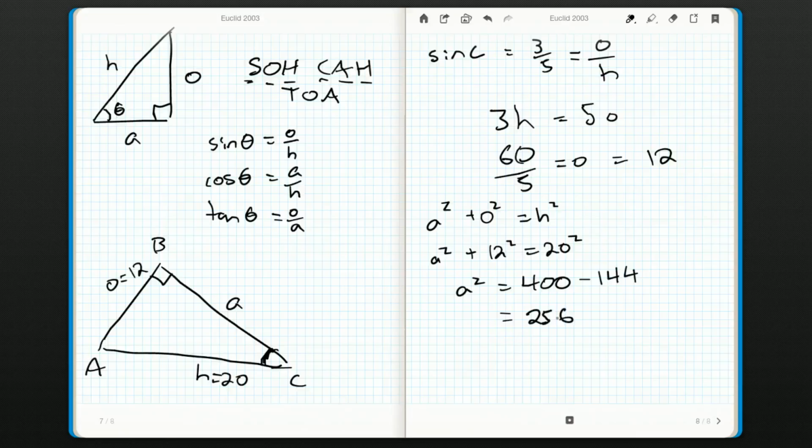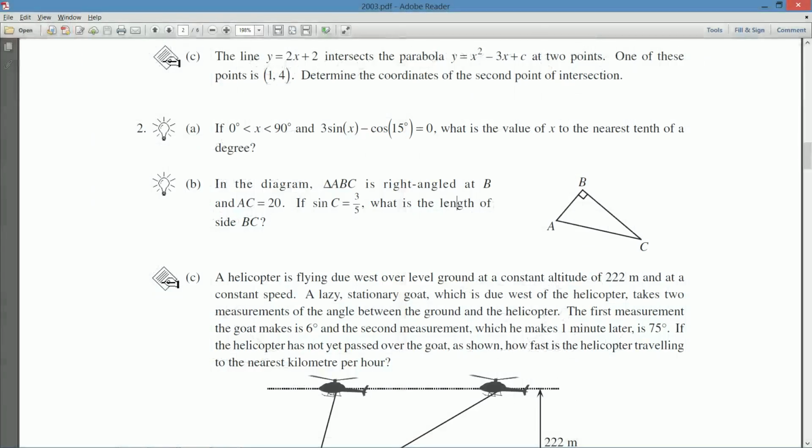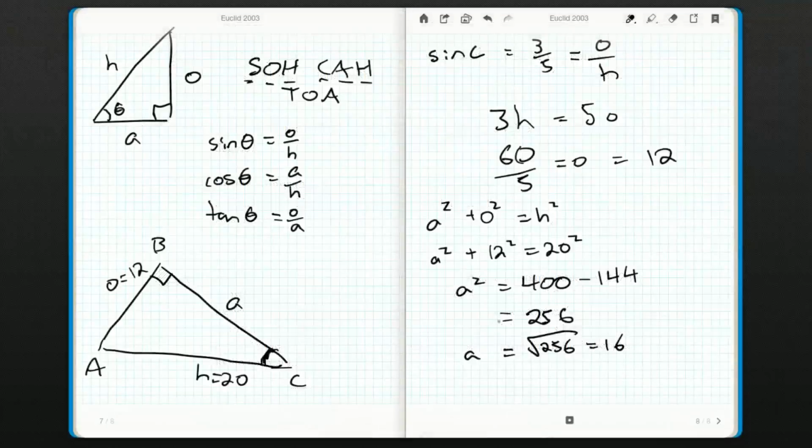But I'm going to double check it because I got a calculator handy anyway. Yep, 256, and we recognize that as 16 squared, hopefully. If not, your calculator will again spit it out. So we were asked for BC, as I recall. BC, and that is the adjacent side length to angle C.